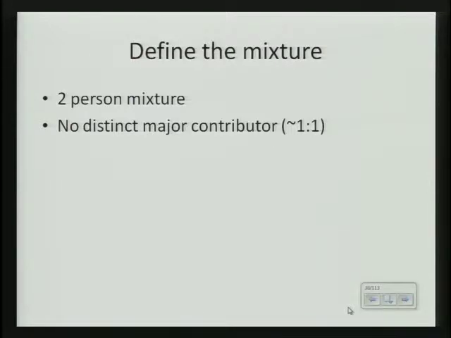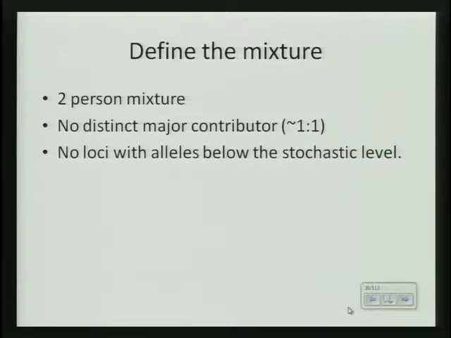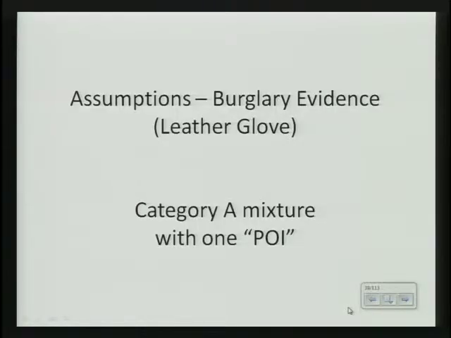It's about a 1-to-1 ratio. And there are no loci with alleles below the stochastic level. So again, you could fill out on your sheet all of the alleles that you see. None would be in parentheses or in red. Pretty straightforward. So this is a type A mixture according to the German scheme.